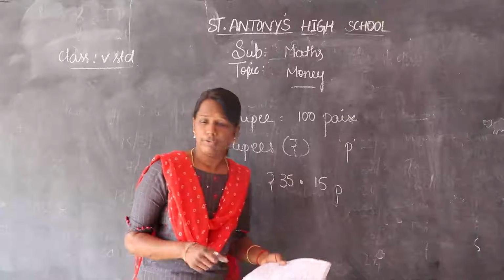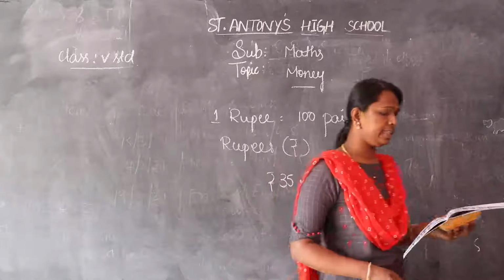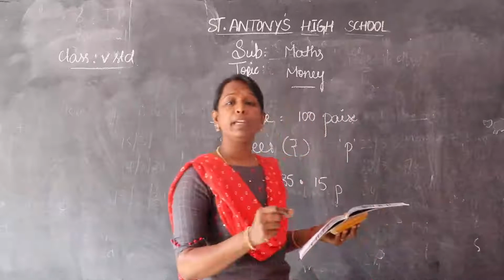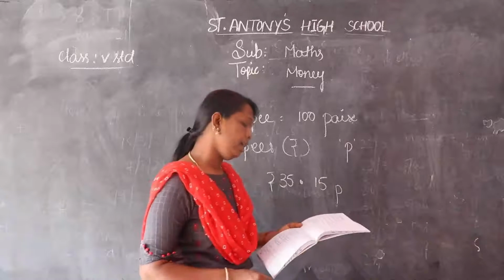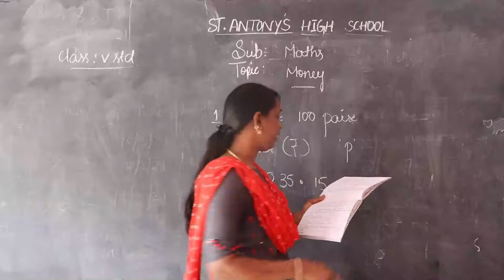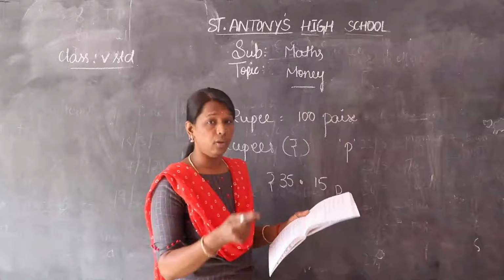Okay, children, here are some examples. Ragini buys a book for rupees 12.50 paisa, a pen for rupees 28.75 paisa, and a pencil for rupees 3.25 paisa. What is the total cost of all these articles?